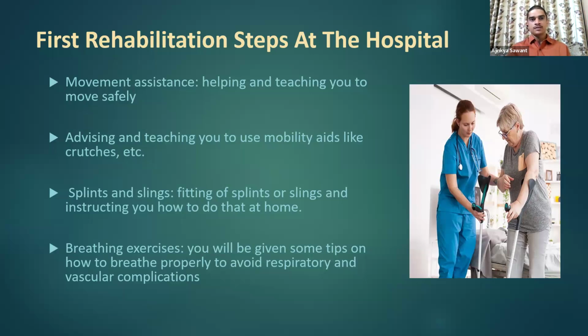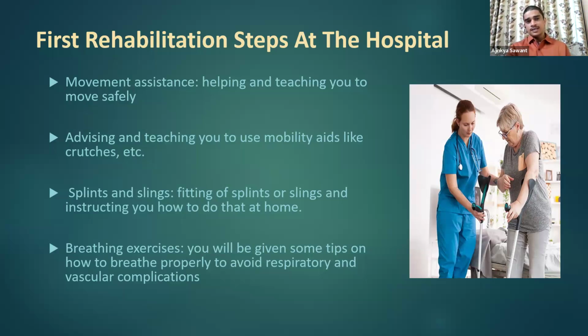In hospital, nurses or other persons help with splints and slings, but if the person is alone at home and doesn't get any help, he is advised how to use the splints and slings.